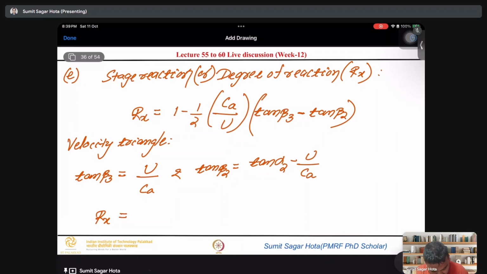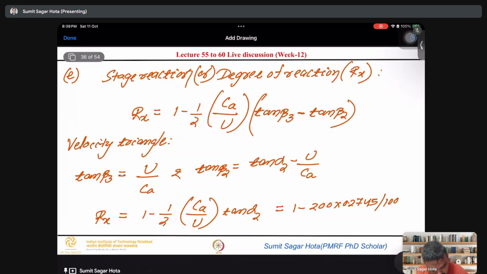So the Rx is equal to 1 minus 1 by 2 Ca by u into tan alpha 2. If you solve it, 1 minus 200 into 0.2745 by 1000, you will get Rx as 0.451.